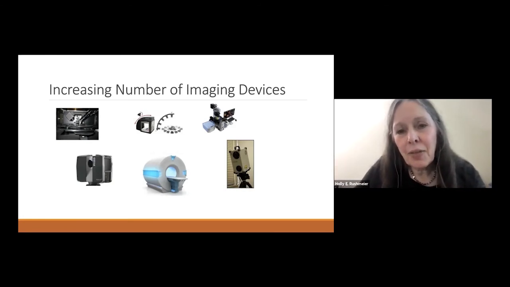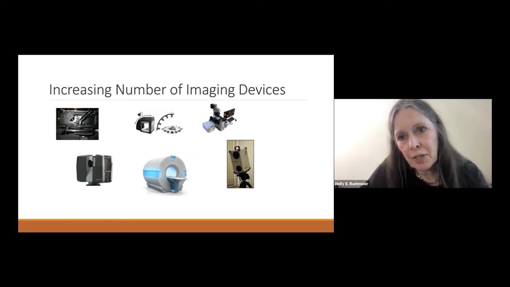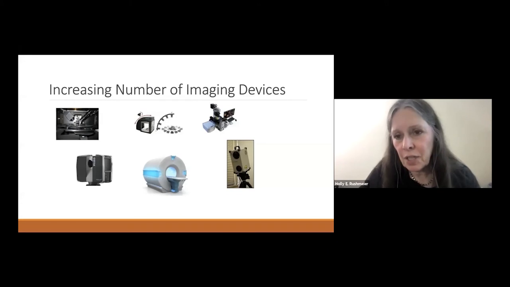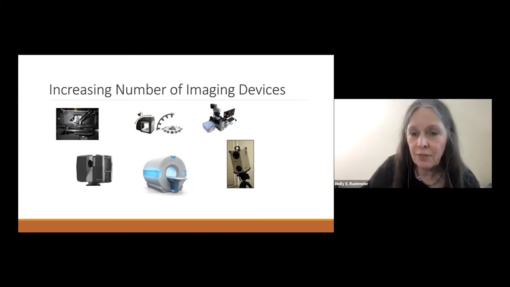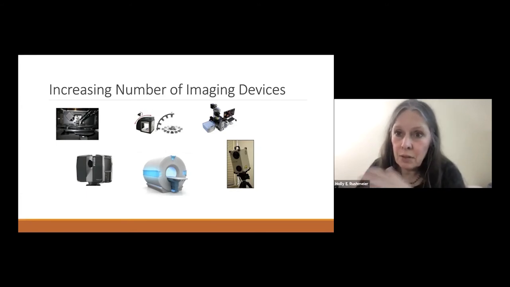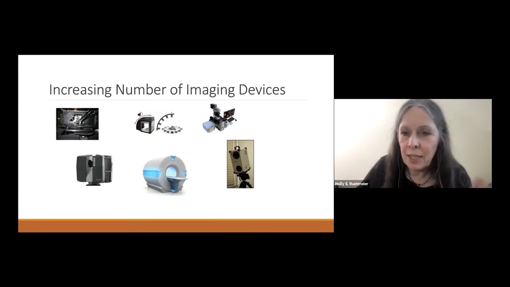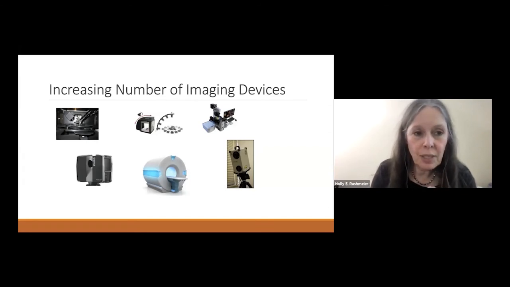But the problem that the conservator we were talking to had is there's this increasing number of imaging devices. And in the previous talks, you've heard about all the different kinds of imaging that you can do of objects to understand them. And these are just proliferating, right? I mean, we can use CAT scanners to get true volumetric data.